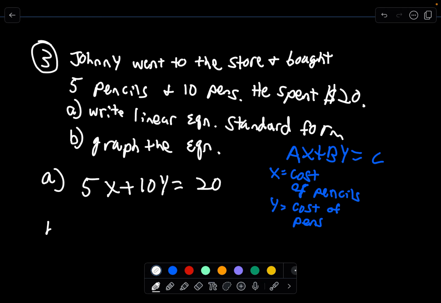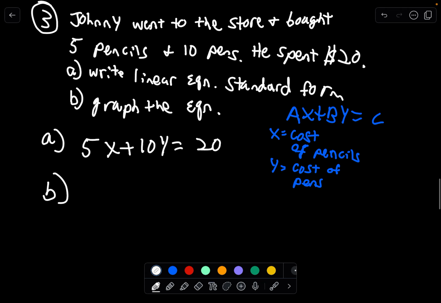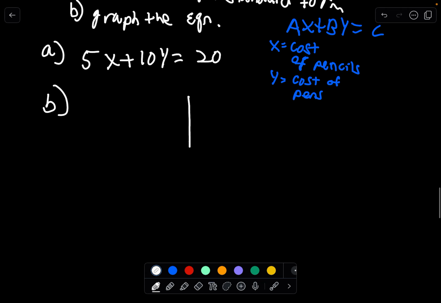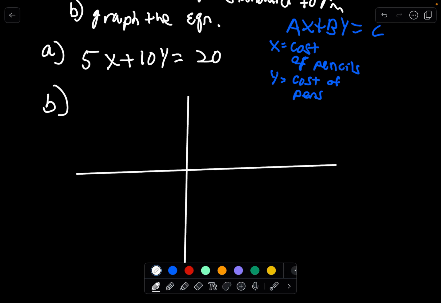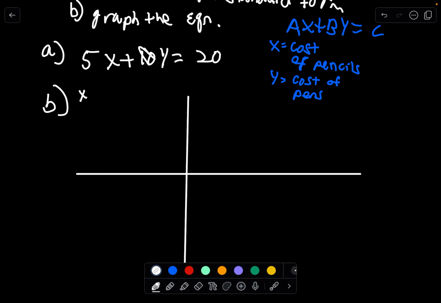B was to graph said equation. When it's written in standard form, easiest way to graph it would be to find the x and y intercepts. Gotta make sure that's straight. Okay, so the x-intercept, basically you cover up the y, and you saw 5x equals 20, that tells you the x-intercept is 20 over 5.